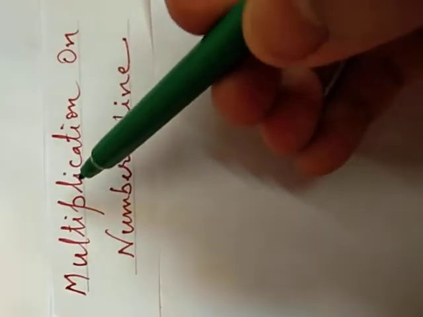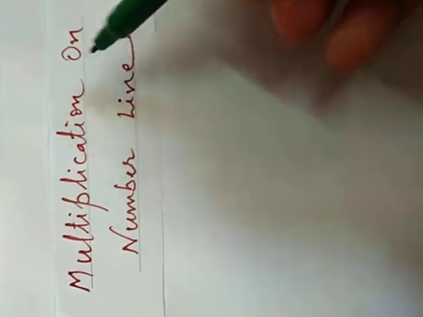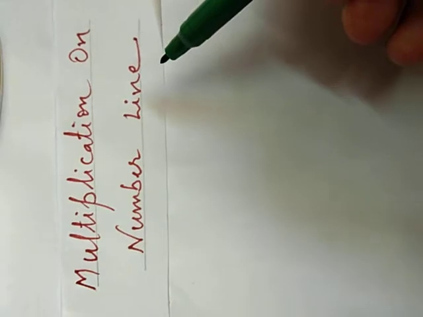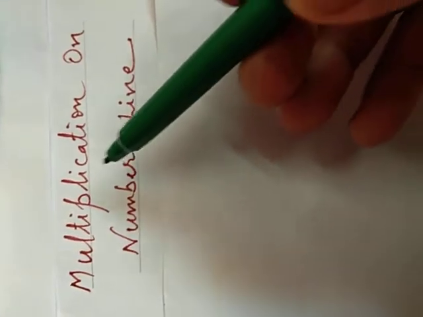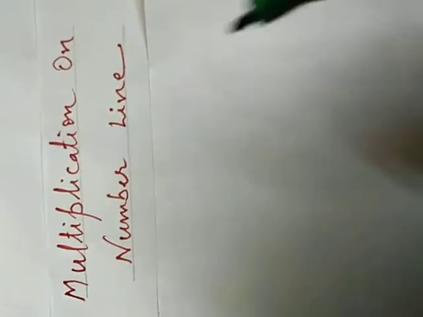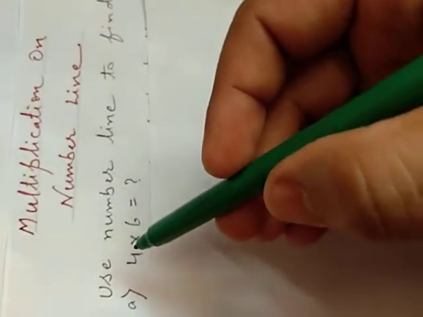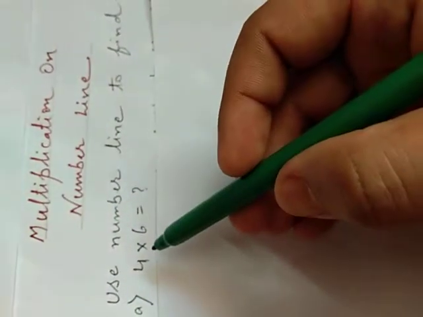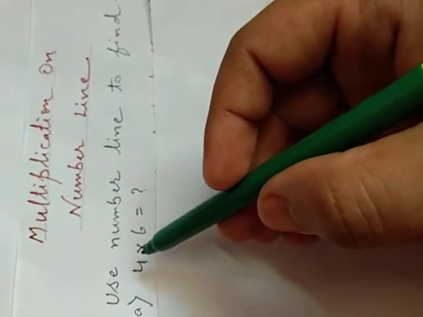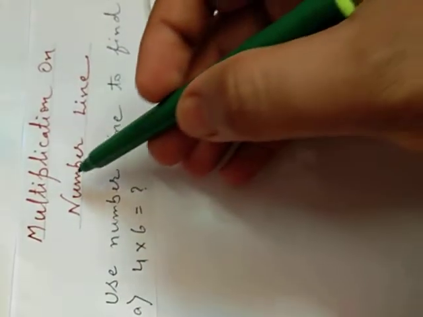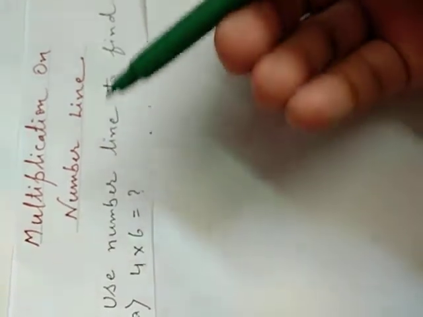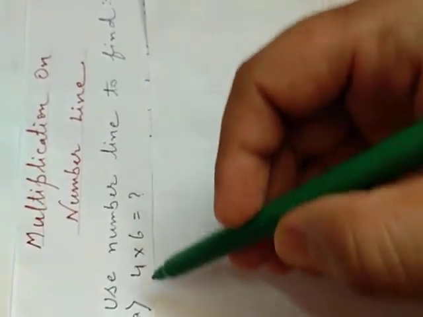Now we can also show multiplication on number lines. We are going to find the product of 4 multiplied by 6 using a number line. How can we find this product on the number line?